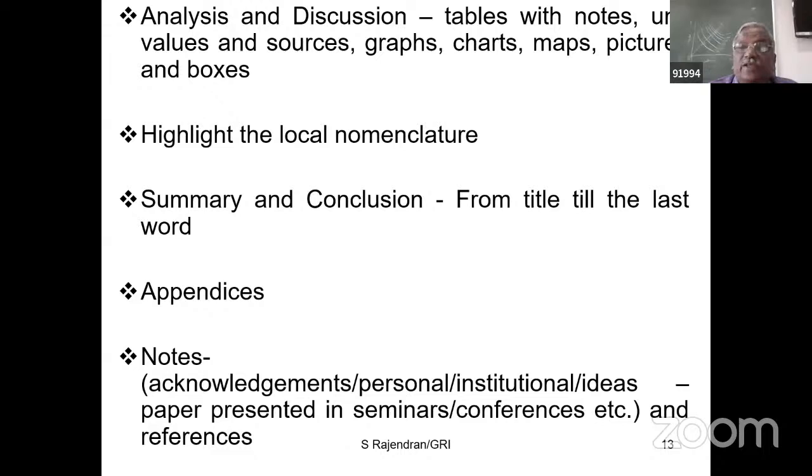And also, please remember, try to use the local nomenclature, local names, so that the reader will get an impression that you have gone extensively to discuss and understand what is happening at the grassroots level. You can highlight the equal word in English, but better give maximum local nomenclature on important and interesting issues.